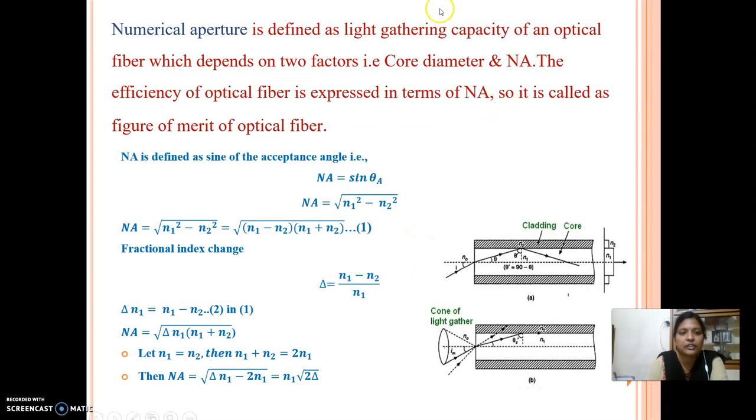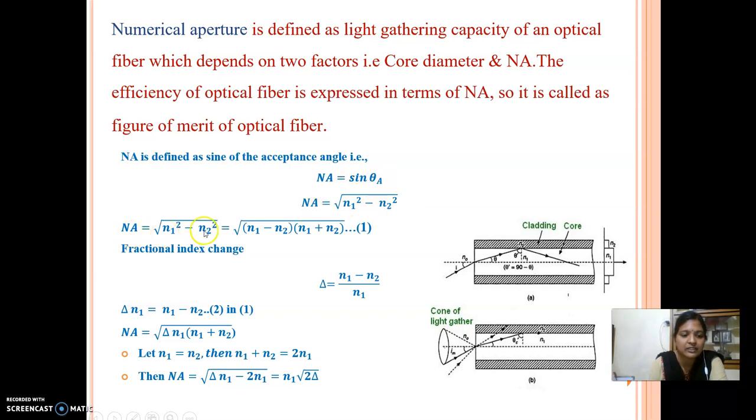Now we'll go to the definition of numerical aperture, which is defined as light gathering capacity or light collecting capacity here. Okay, so we have seen here how much light can be collected by the optical fiber. We can know by the term numerical aperture, which is directly proportional to the sine of acceptance angle, where sine of acceptance angle is equal to root of n1 square minus n2 square here.